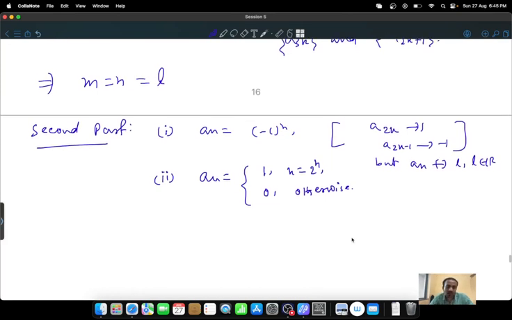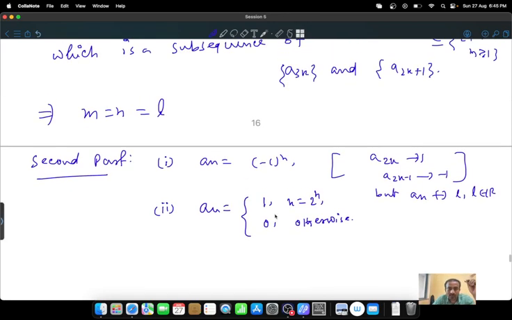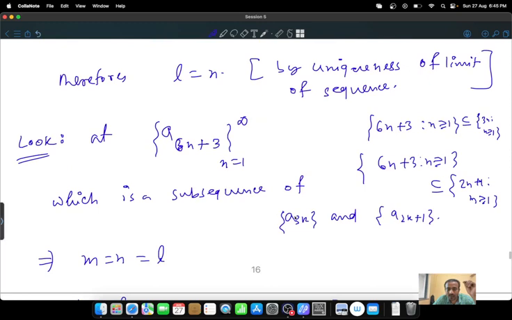Yes, sir. Okay. So if you want to construct a counterexample where A3k converges, A2k plus 1 converges, but the original one does not converge, then what will be your target?